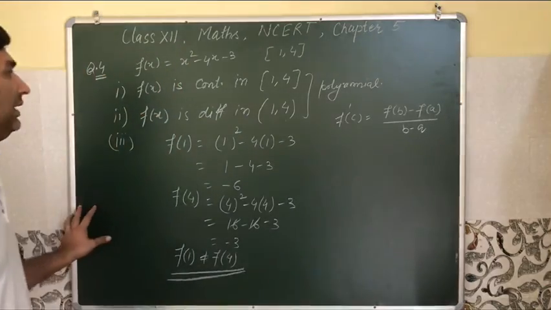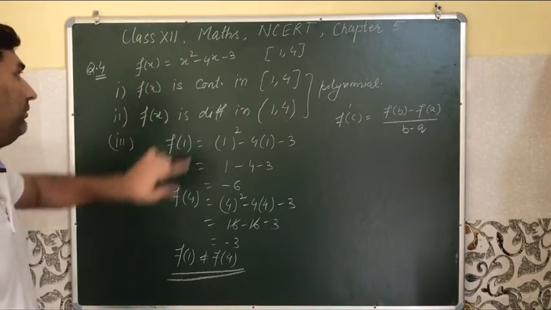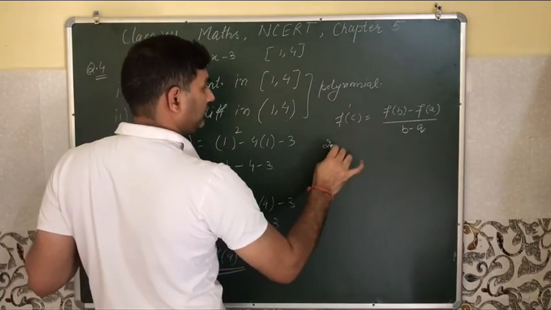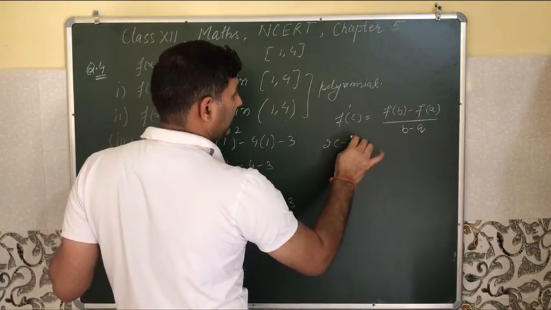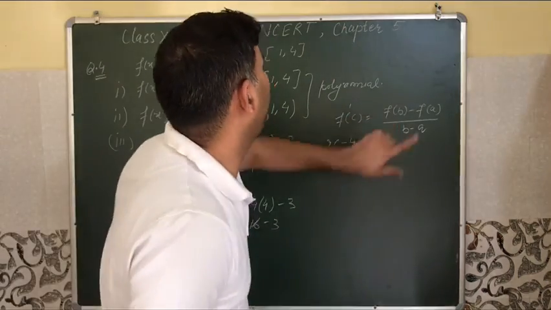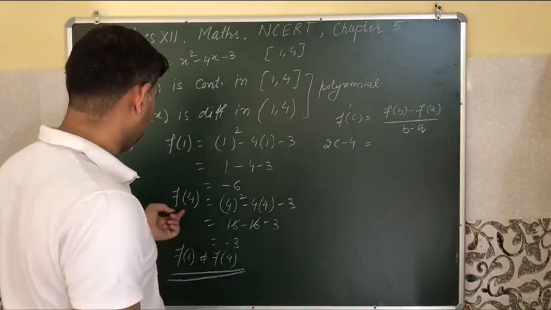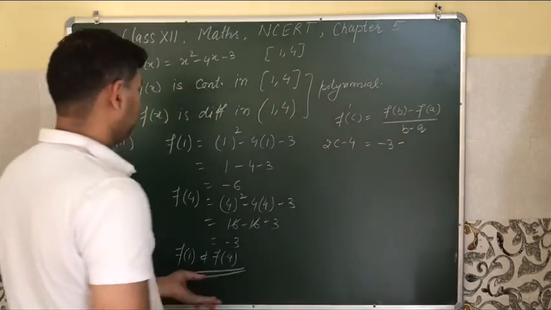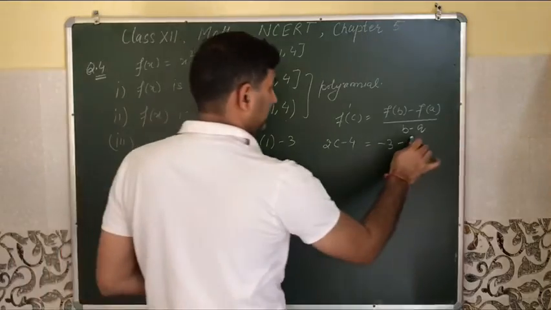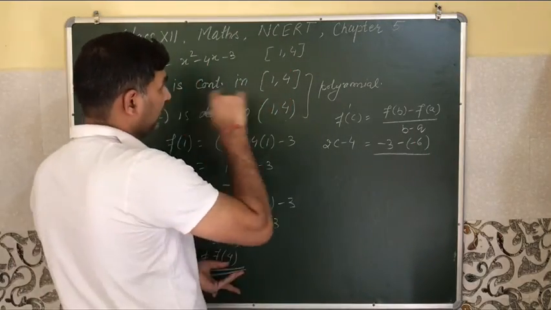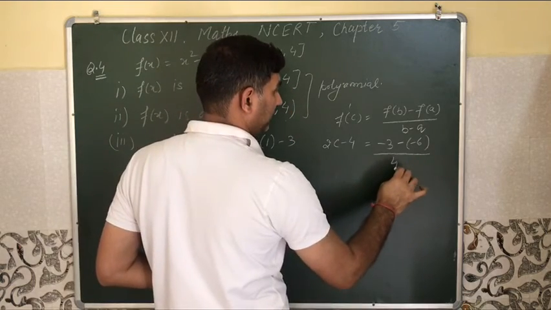Then f dash x, this 2x minus 4, this 2c minus 4 is equal to, then this f of b is what? अभी हमने निकाला f of b is minus 3 and f of a is minus 6, and b minus a is 4 minus 1.